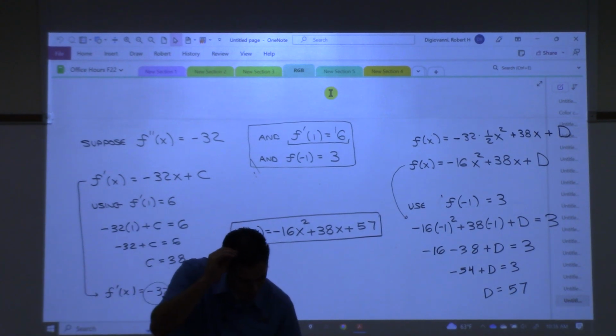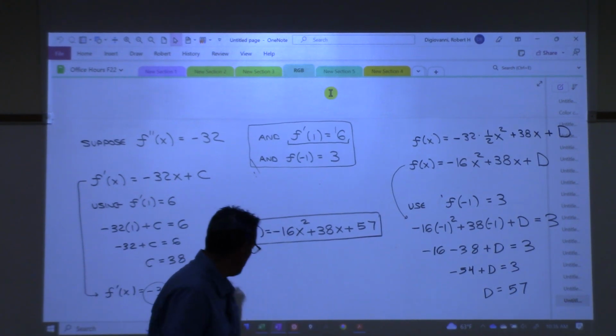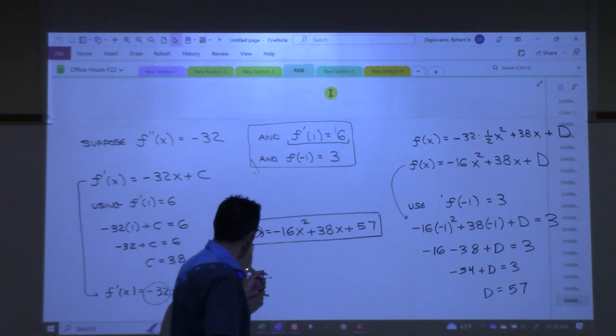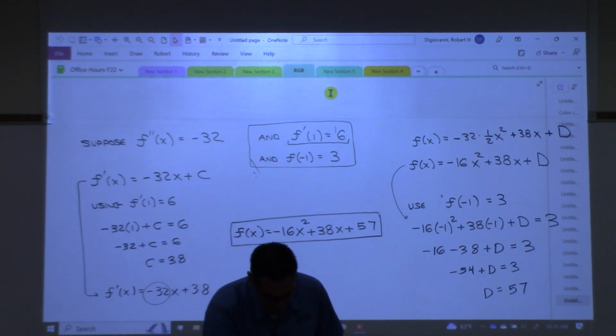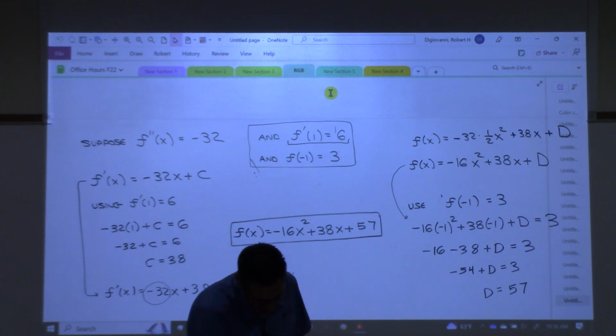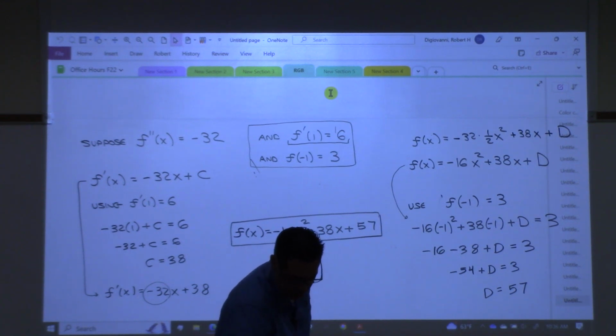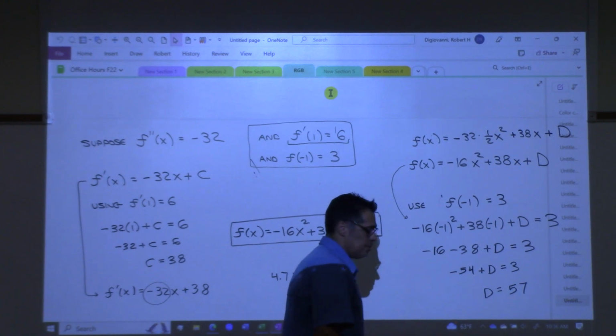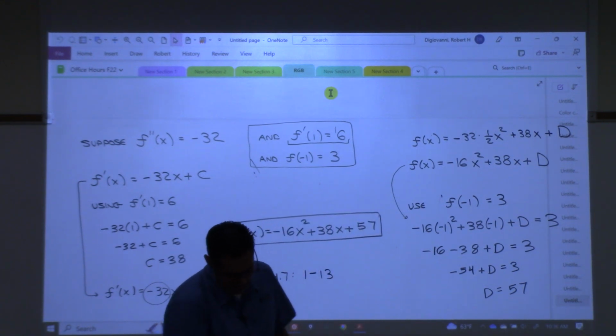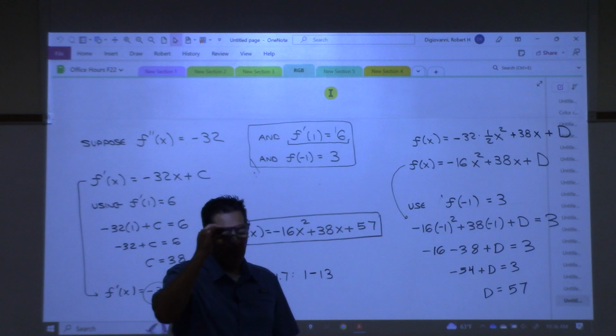So from your homework, what I would do for 4.7 is I would try numbers 1 through 13. I would try all of those. You can try number 14 if you want.